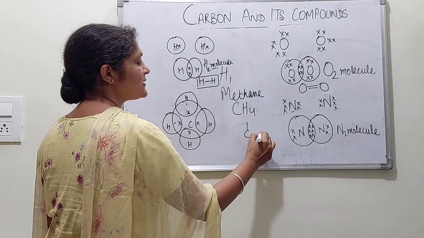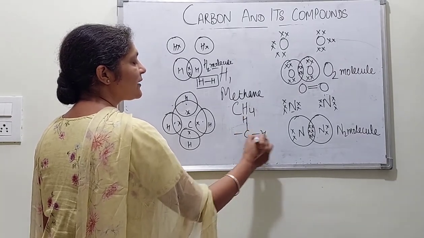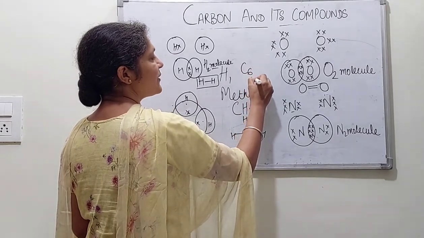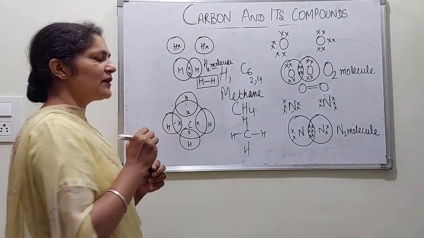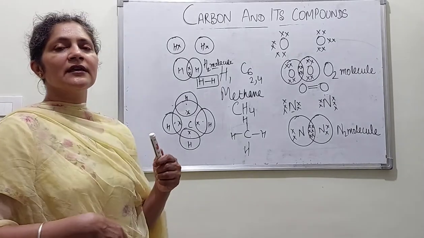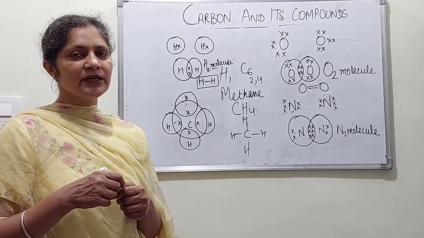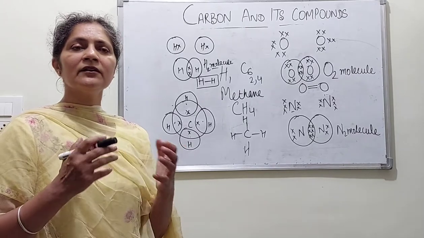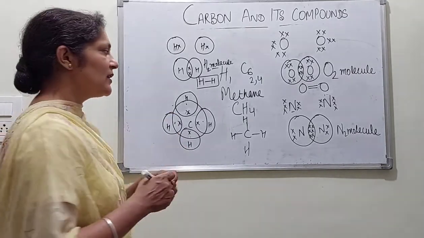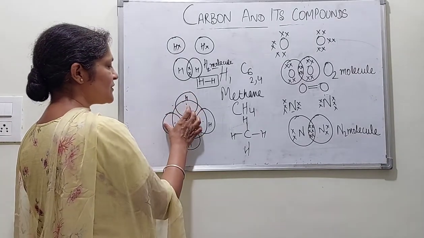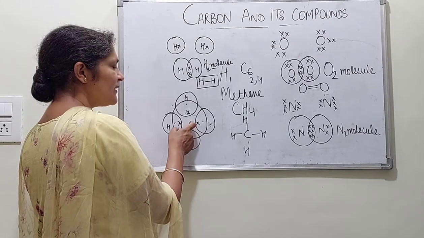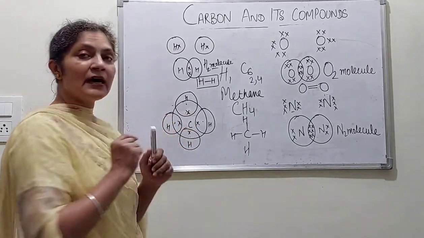Its formula is CH4 because carbon's atomic number is 6, electronic configuration 2 and 4. It requires 4 electrons, and hydrogen has one electron each to share. Because it cannot gain or lose the electron, hydrogen will also share the electron. So the 4 hydrogens will share their 1 electron each with the 4 electrons of carbon.